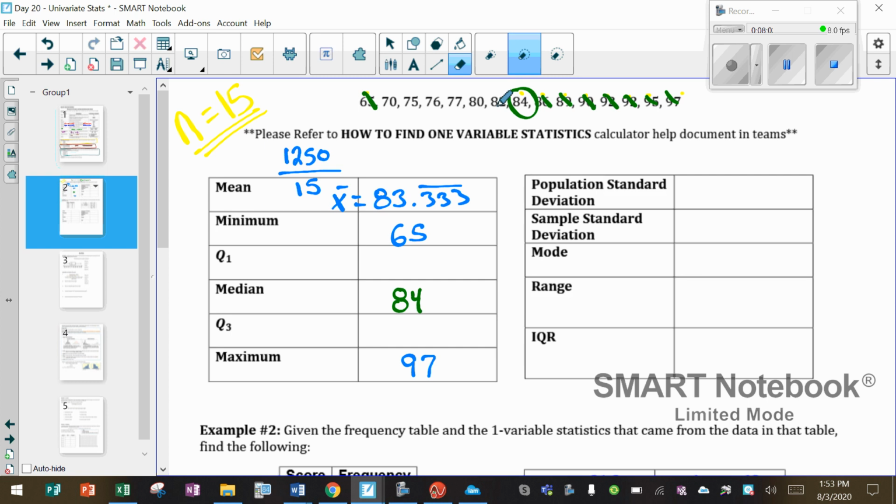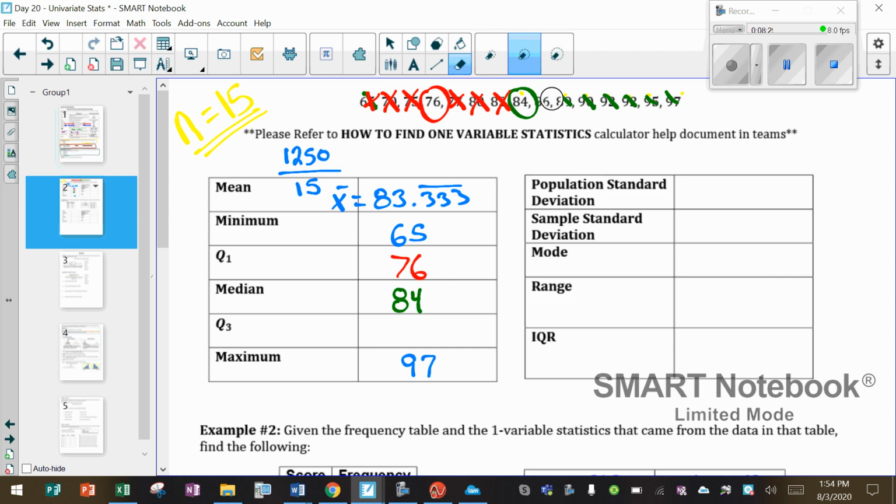So without counting the median, I go the same process that I found the median. I'm going to count in from each end, from the minimum and from the median. Count in to find the middle of the minimum and the median to get my Q1 of 76.